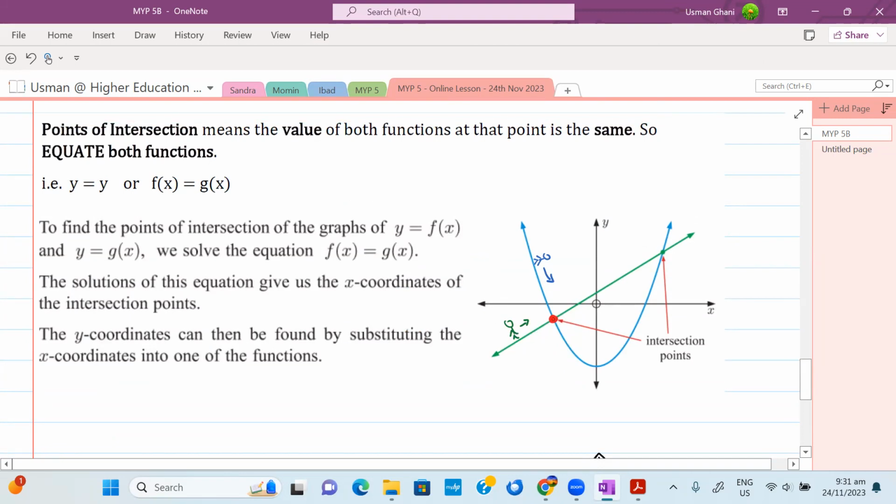Location का मतलब मुझे दोनों के x coordinate और दोनों के y coordinate के बारे में बताओ. Right? So, can you clearly see both the blue guy and the green guy have the same x coordinate at the point of intersection? And both the green guy and the blue guy have the same y coordinate at the point of intersection.